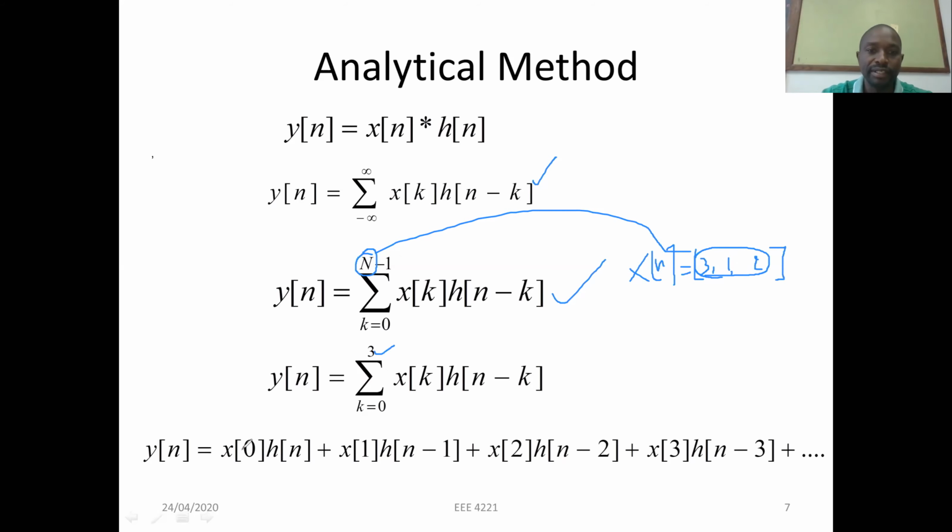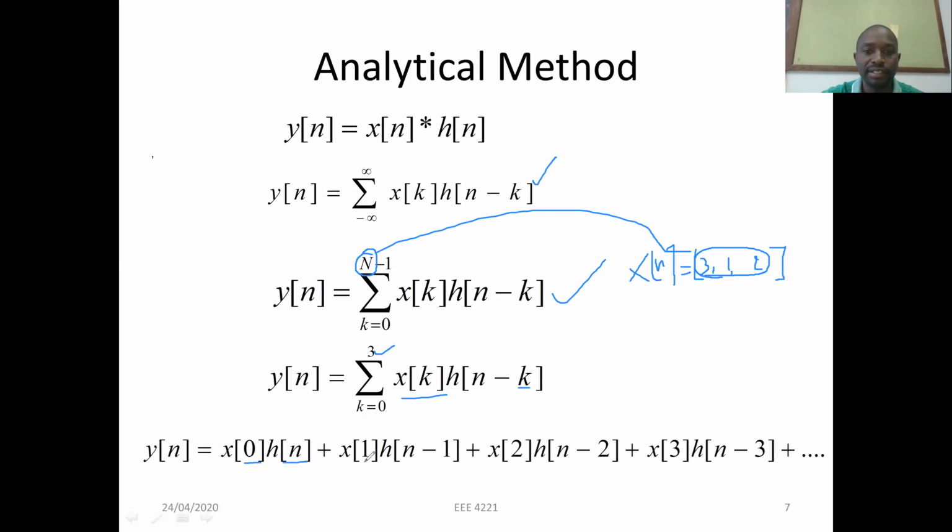And then we can now expand this equation, x of k, by putting k equals 0. So if we put k equals 0, then you're going to have x of 0 here. And then if we put a 0 here, then this one will simply be h of n.